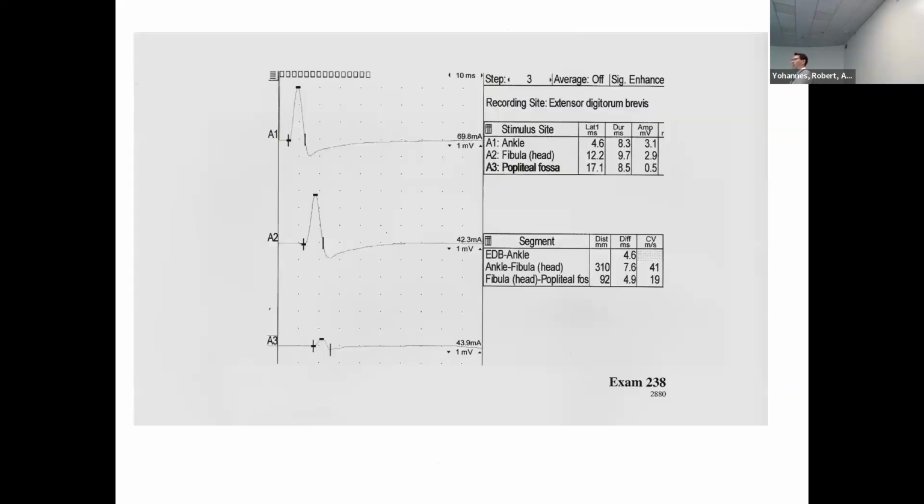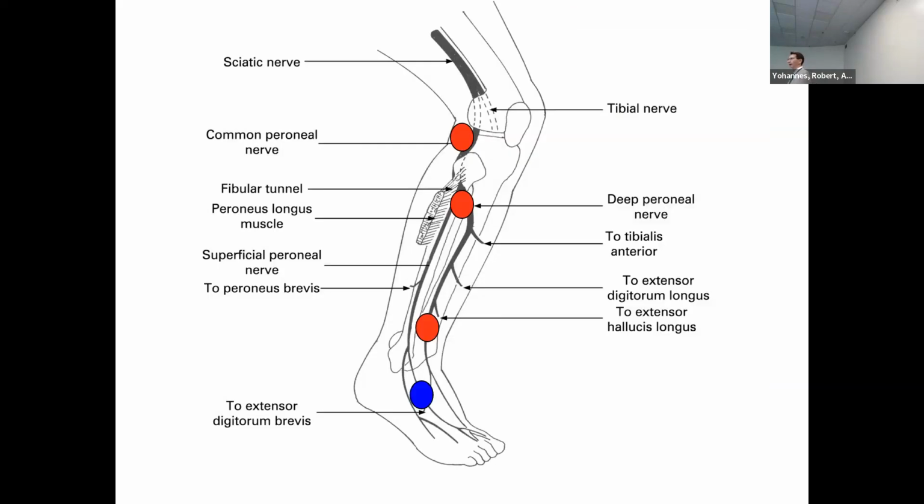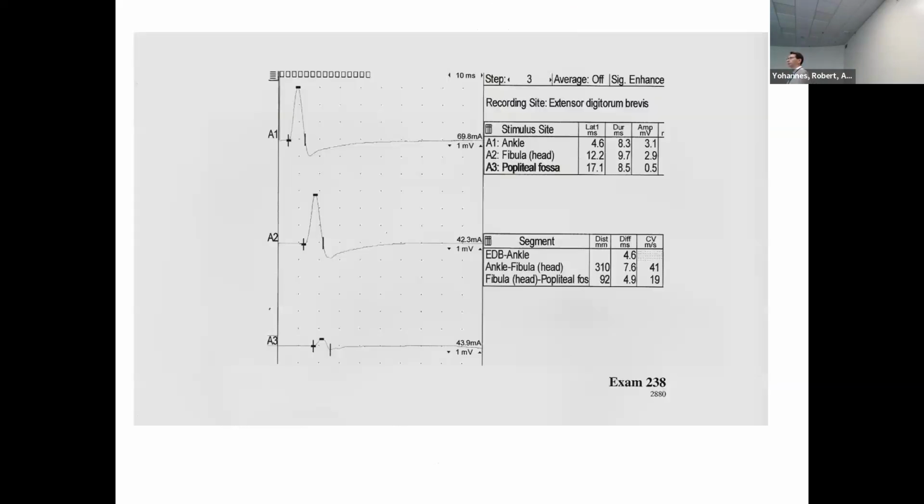But look what happens when we stimulate above the fibular head, the red oval-shaped spot here. Look what happens to the response. The amplitude decreases, and if the decrease is more than 50% compared to before, what is it called?